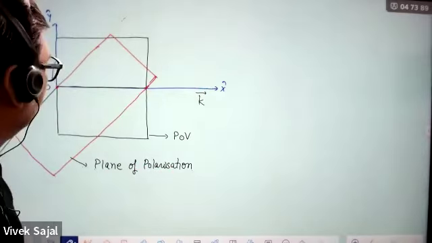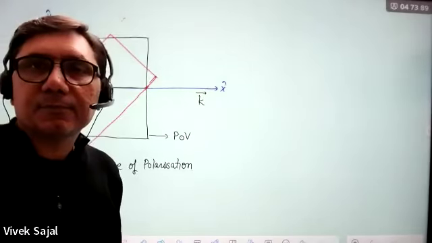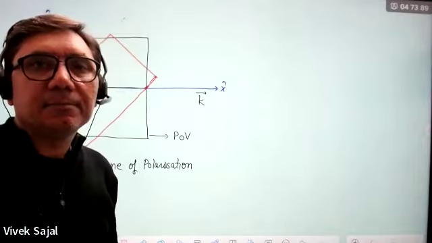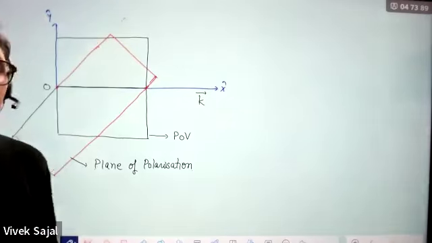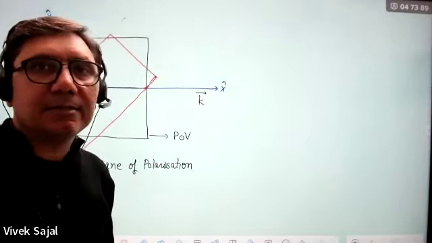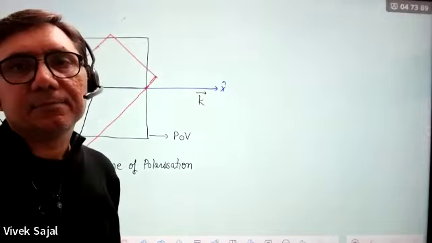You can write here, plane of polarization is the plane in which no electric vector exists.